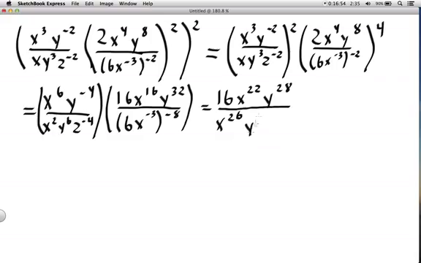And then we only have one y term, one z term. And then we have this 6 to the negative 8th. You know, I didn't realize that was going to be such a big number. We'd probably need a calculator or else it would take forever to multiply all that out. So let's just leave it like that for now. 6 to the negative 8th.